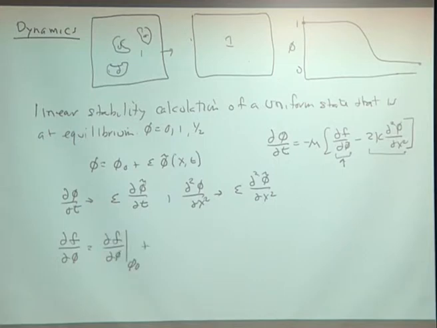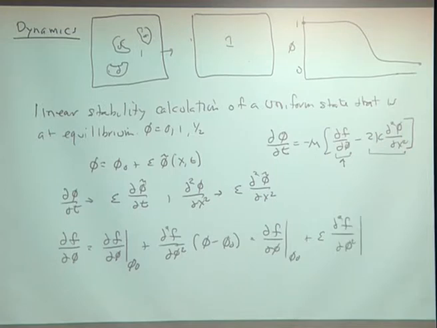Phi 0 plus the partial squared f with respect to phi squared, 0, which is equal to partial f with respect to phi. Remember, we're starting the calculation from a uniform state.